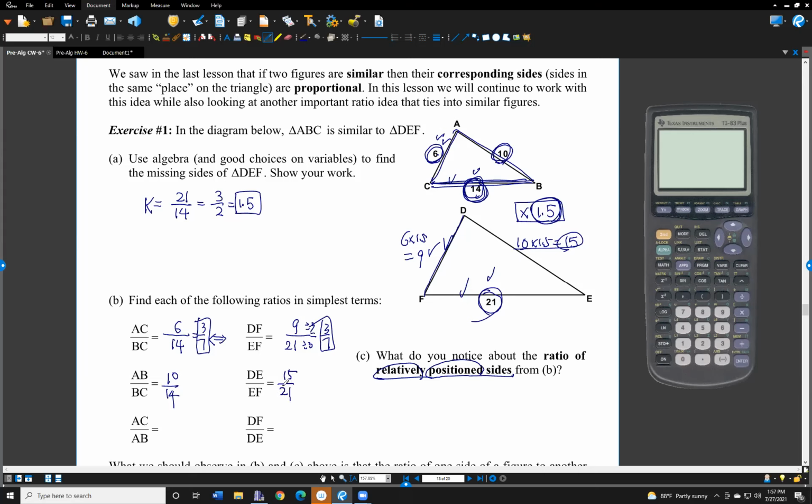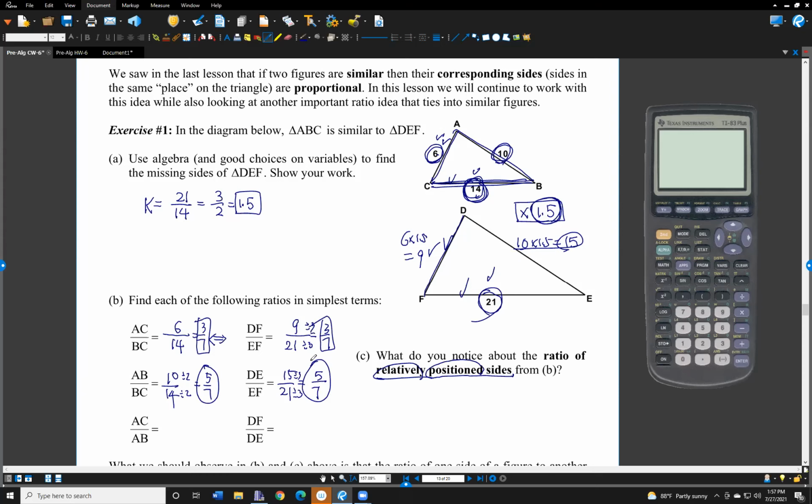It has the same ratio. You can divide by 2 again, that is 5 over 7, right? This is divided by 3 and divided by 3: 15 over 3 is 5, 21 over 3 is 7. Same ratio, because they are relative position sides.